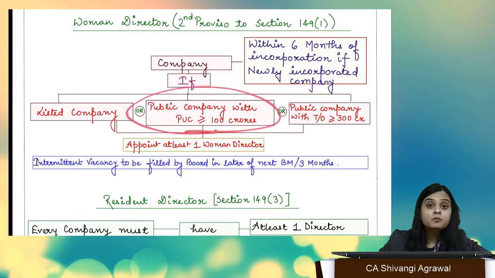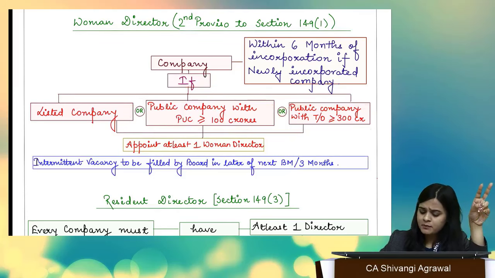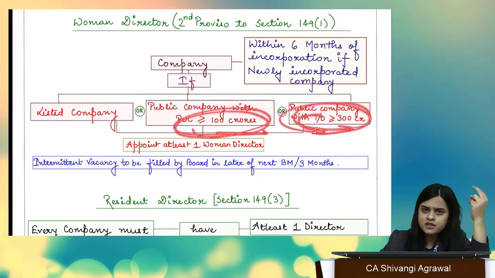Paid up capital more than or equal to 100 crores or turnover more than or equal to 300 crores. Fine. So if it's a listed company, one woman director must. If it is an unlisted public company, if you come under any of these 2 categories, then you must have one woman director.